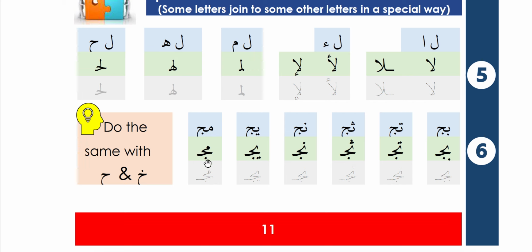Meme becomes on top of the letter like this: meme jim. Don't do the same with jim and with ha and kha. So it can be ba ha or ba kha, ta ha, ta kha, etc. Have a practice on this. Make sure that you master it before you move to the next step.